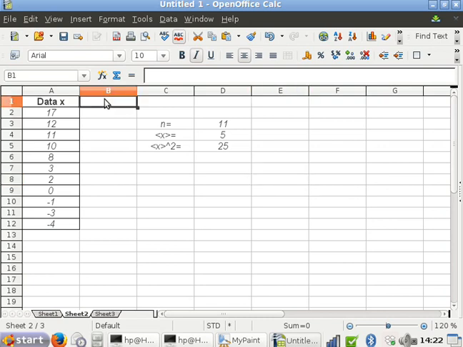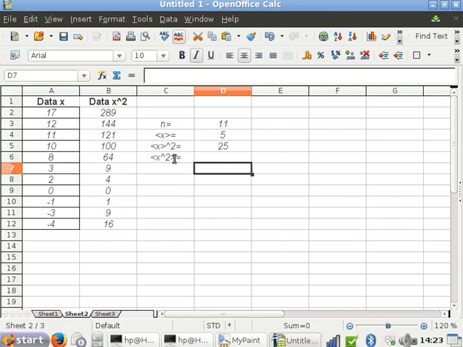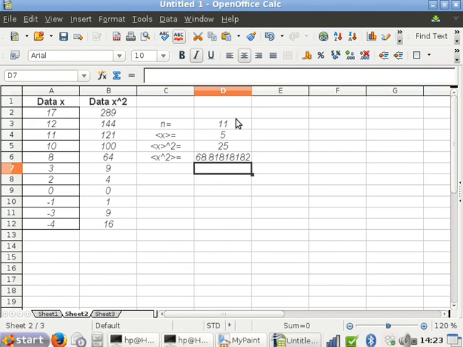Next we need to work out the x squared so we can get the standard deviation. The x squared would be the same deal again, sum of all these numbers divided by how many you have. So that's it there. And finally, do you remember the formula for standard deviation?